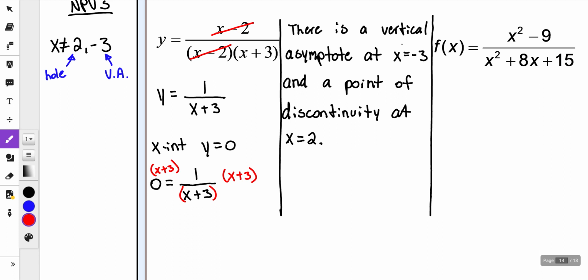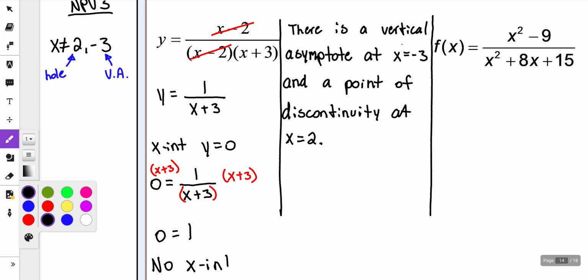Zero times anything, even 0 times x plus 3, is 0. So this is 0 equals 1. That doesn't make any kind of sense. There's no x-intercept on this graph. Zero times x plus 3 would still be 0, right? So 0 equals 1. Doesn't make sense. No x-intercept.